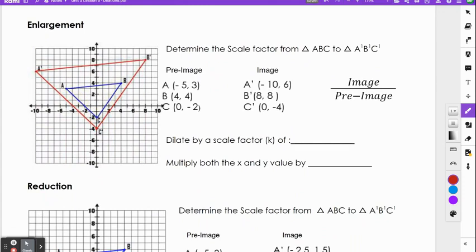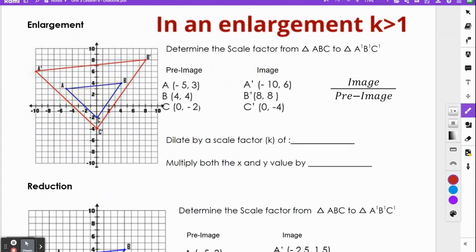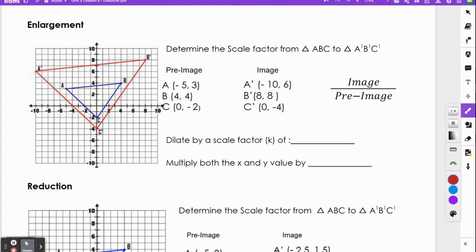Right, so our first example is an example of an enlargement, and we want to determine the scale factor. If you notice, the blue figure has just A, B, and C, and the red figure has A prime, B prime, and C prime. So A, B, and C is the pre-image, A prime, B prime, C prime is the image, what happens after we make the change.